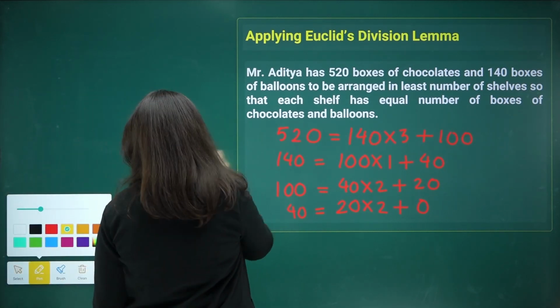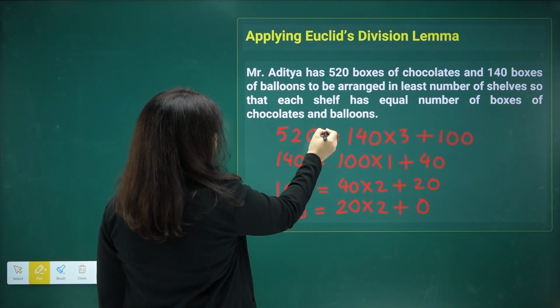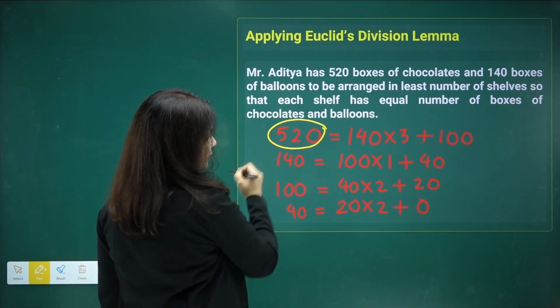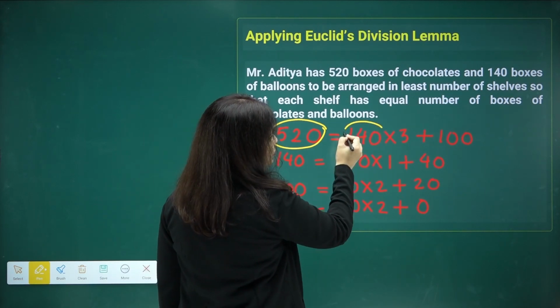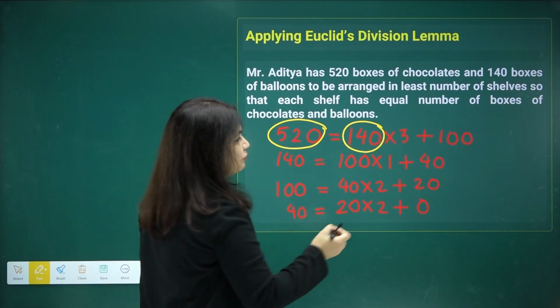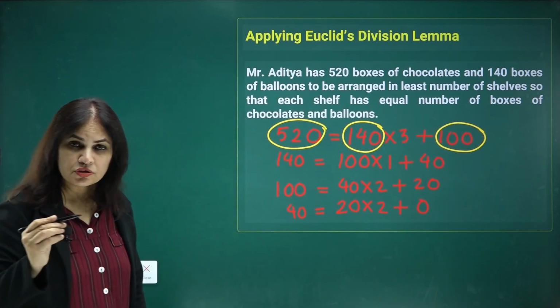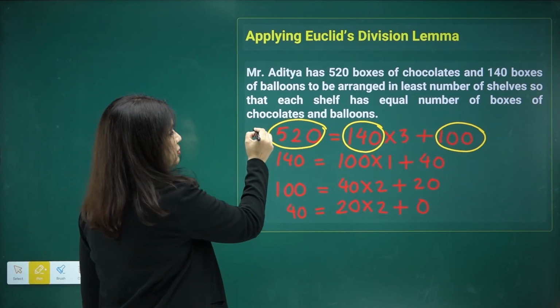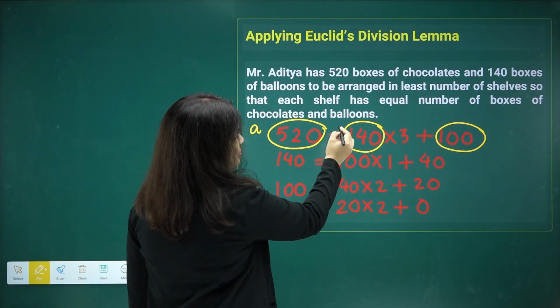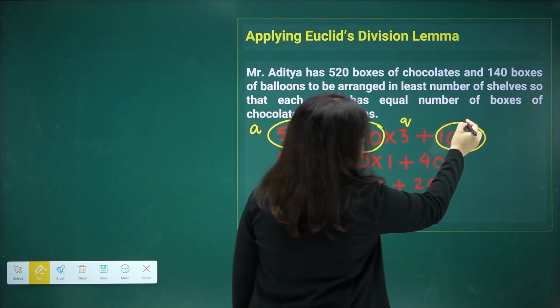We start with the bigger number 520 and divide it using the smaller number among the two, and the leftover number is 100. So using Euclid's division lemma, this is my A, this is my B, this is Q, and this is R.